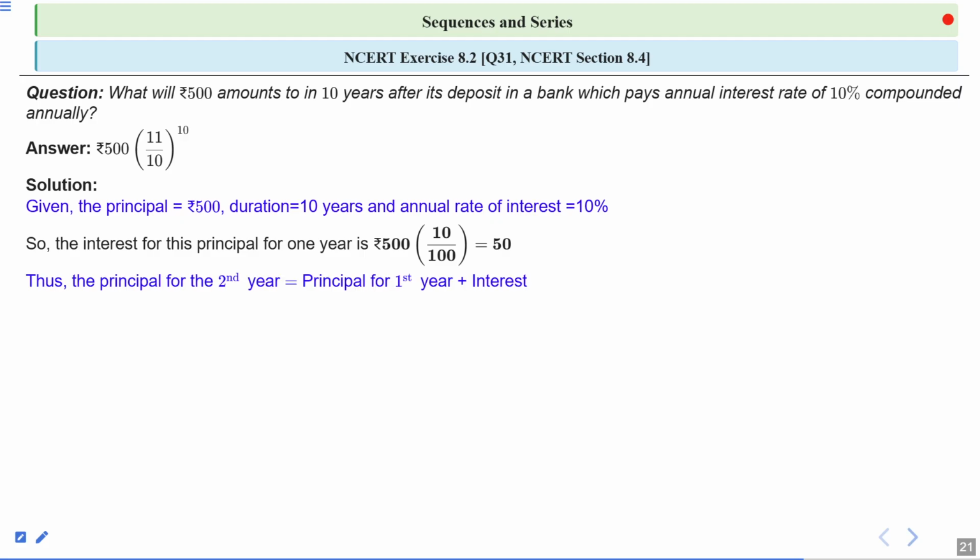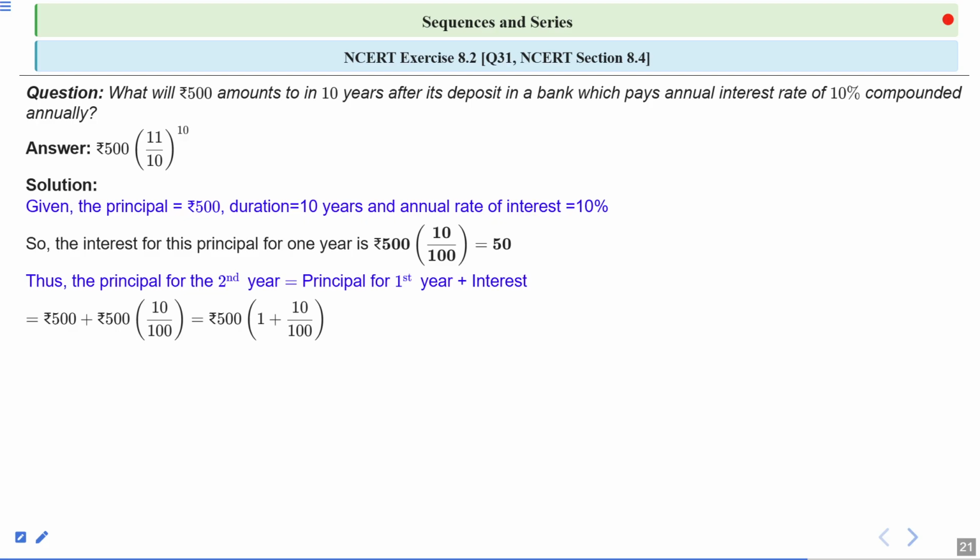So what is the principal for the second year? The principal for the second year is the principal for the first year plus interest. The principal for the first year is rupees 500, and the interest for 1 year is 50, that is 500 times 10/100.